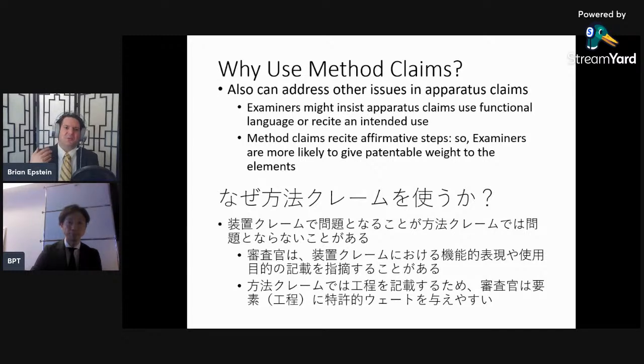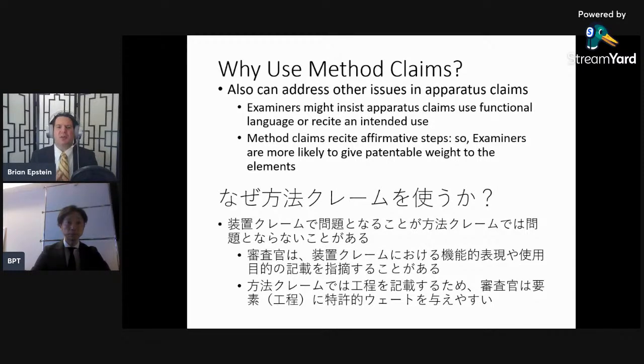So, another reason to use method claims is that you can also address other issues in apparatus claims. A common one might be that your examiner might insist that the apparatus claims have some recitation that uses functional language or recite an intended use. And in a method claim, they'll recite these operations as affirmative steps, right?